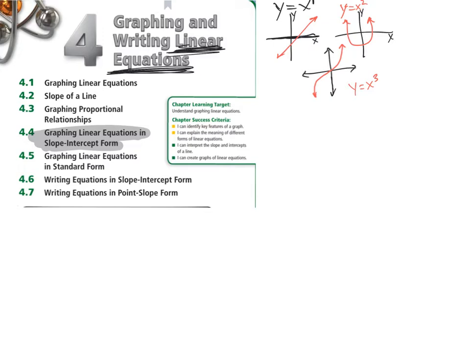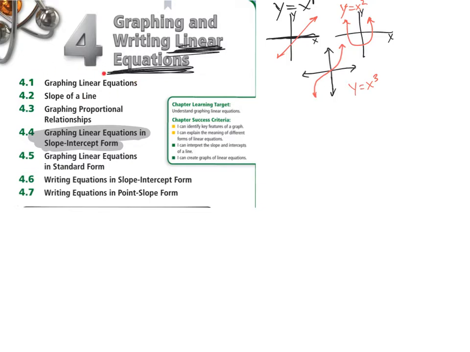So you get these different shapes. So this is not a line, this is called a parabola, and I don't think this thing has a name, but this is what y equals x to the third power ends up looking like. It comes all the way to the center and then goes back out. Anyway, my whole point is, I want you to understand that we are talking about linear. Okay, so we're talking about linear.